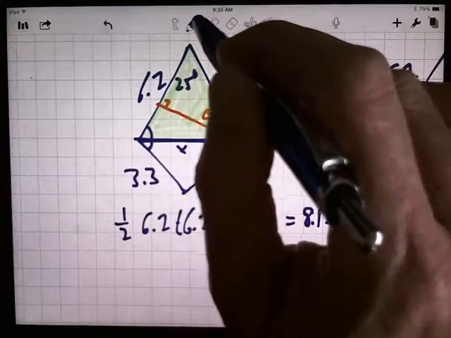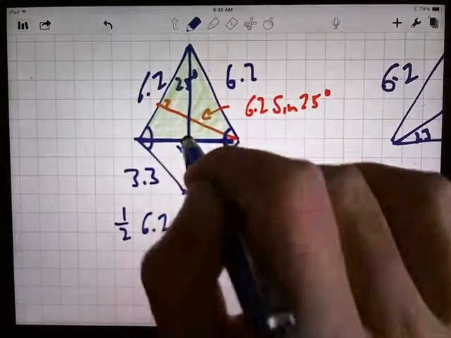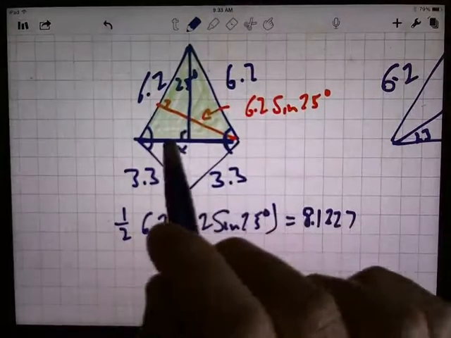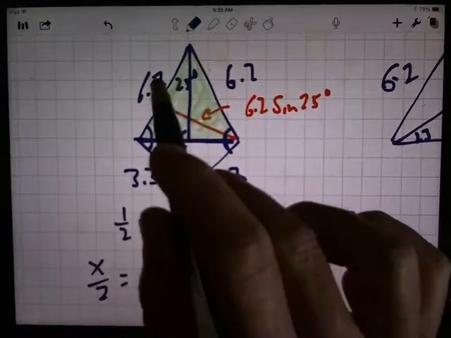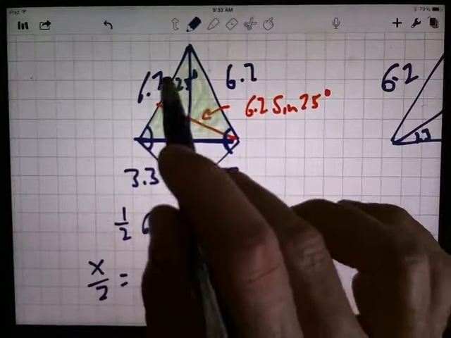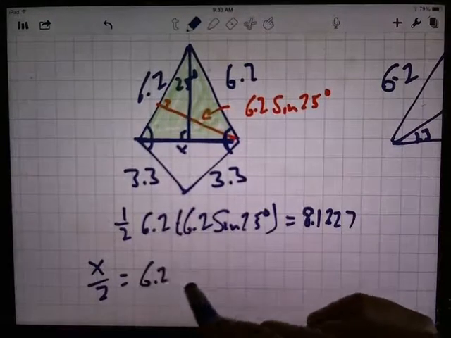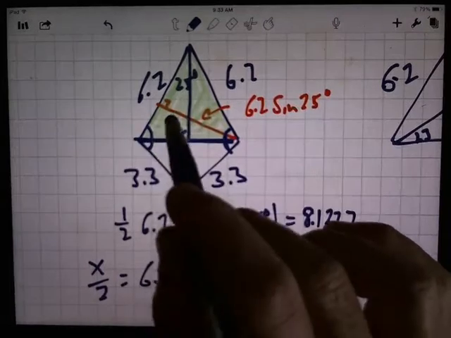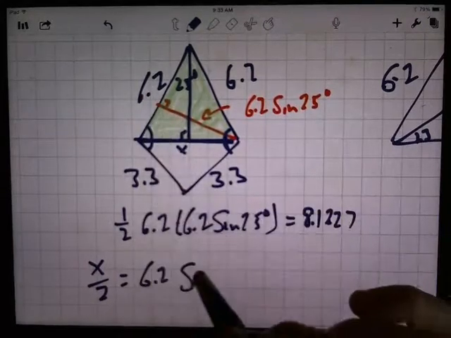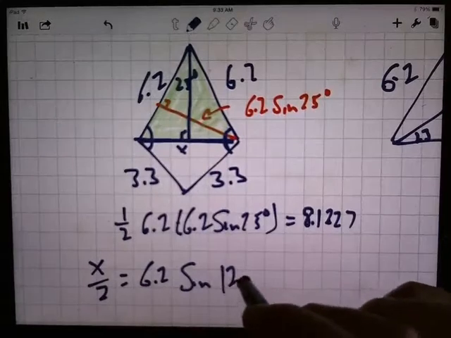Drop a perpendicular right here, right? So that's going to cut that in half. So x divided by 2 is equal to 6.2 times the sine of that angle right there. 6.2 times, because it's the opposite side here. So I've got the hypotenuse, I want the opposite. I'm going to multiply by the sine of 12.5 degrees.